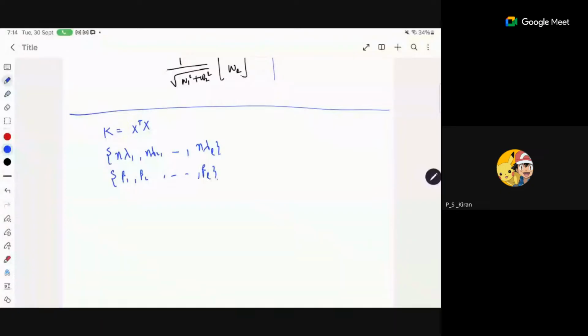So what we do is, if we went through this covariance matrix, which was 1 by n X X transpose, finding its eigenvector was our interest. We were interested in finding the kth largest eigenvector. And we saw that this can be given by X of alpha k, right? But alpha k had this term of wk in it.